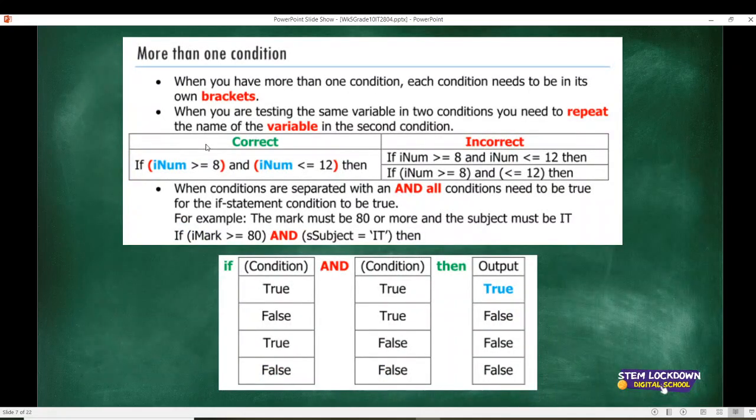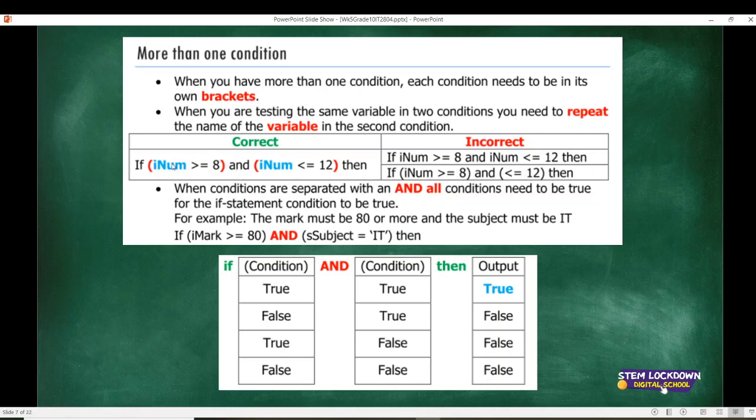Right, now we move on to if statements that contain more than one condition. First of all, it is very, very important: when you have an if statement that has more than one condition, each condition has to have brackets around it.